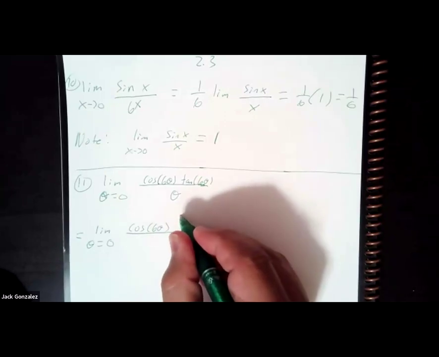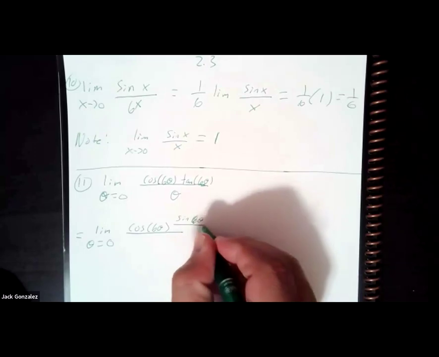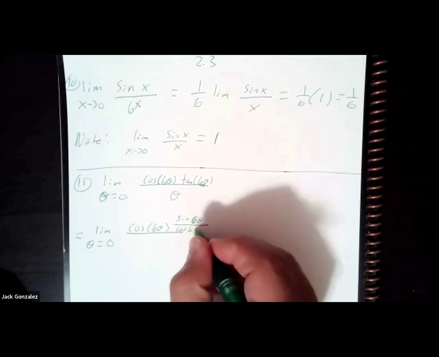So if I multiply that times cosine, what would happen?